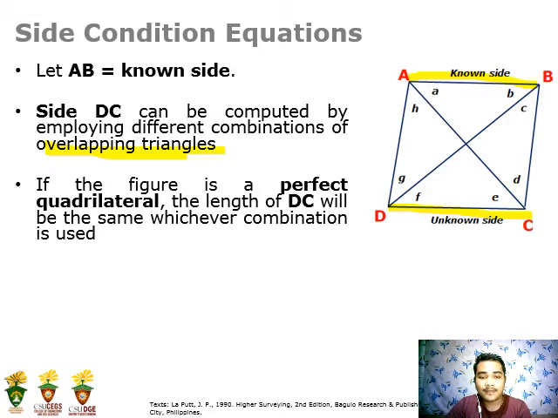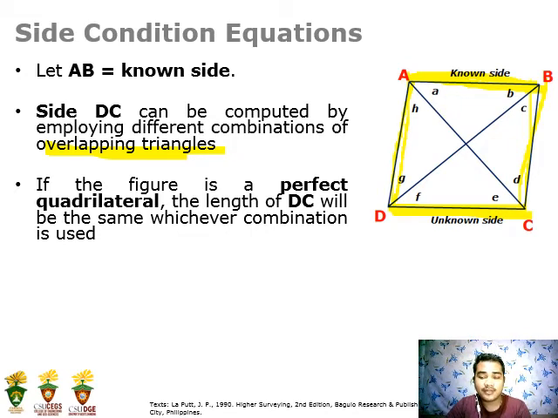So if the figure is a perfect quadrilateral, the length DC will be the same, whichever combination is used. Kung perfect ni siya, bisag unsa nga combination sa triangles nga mag-overlap imong gamiton, the same lang gyapon ang answer.